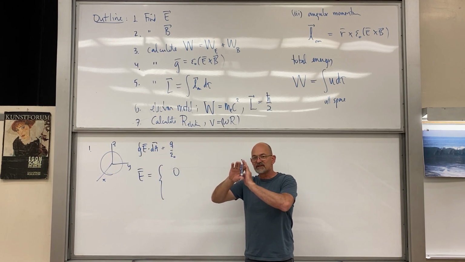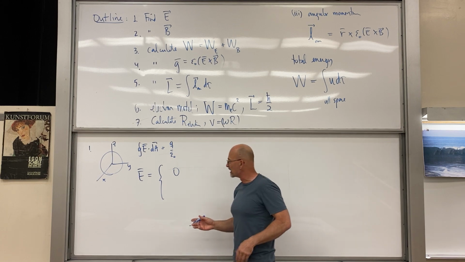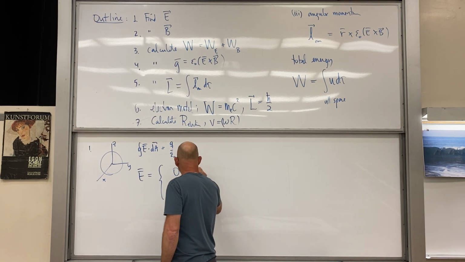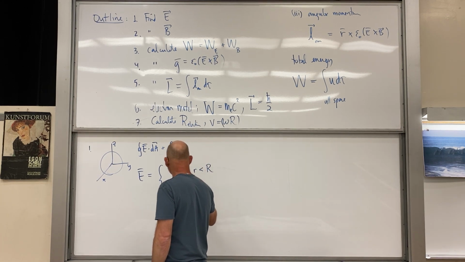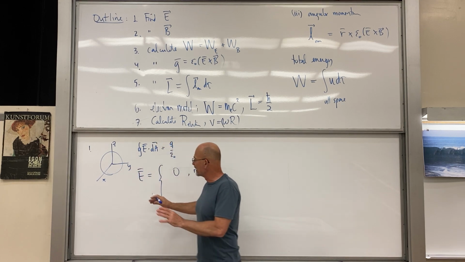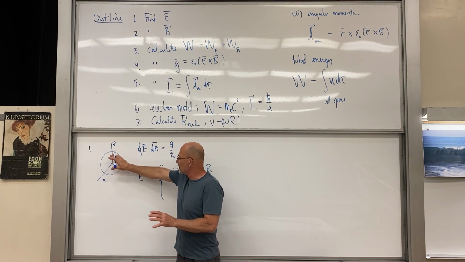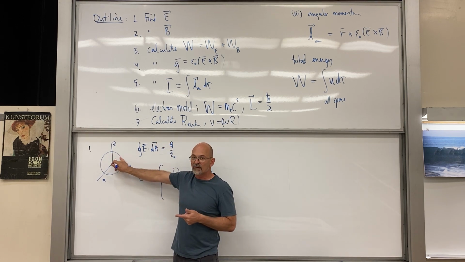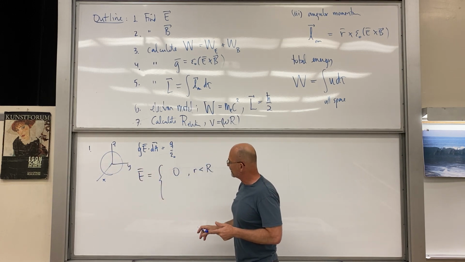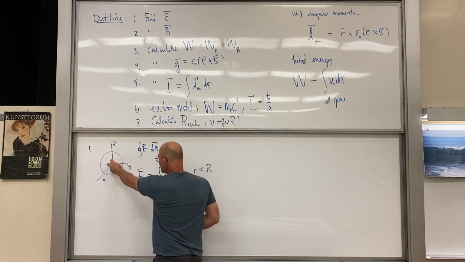Remember, all the charge is out on the surface of the shell, so for r less than capital R. And outside, of course, is the famous result that for r greater than the radius, it just looks like a point charge to us.